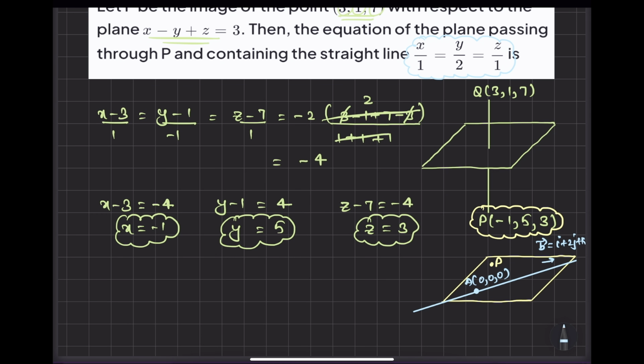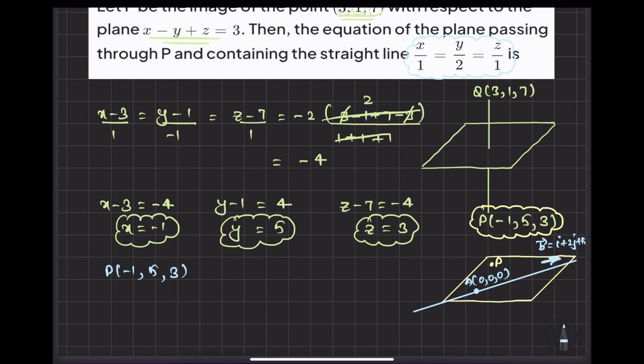Now we need a vector and a point on the plane. We already have point P, that is (minus 1, 5, 3). Now we need a vector perpendicular to the plane. So you have one vector B, and do you think you can create the AP vector?